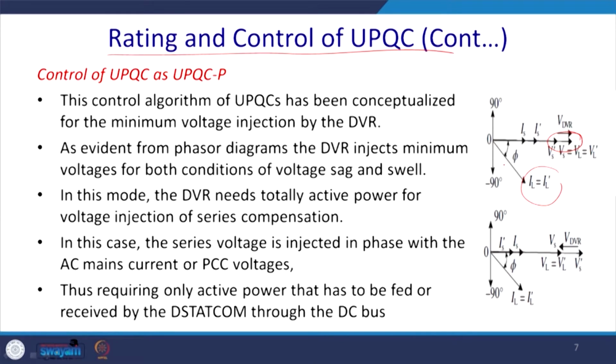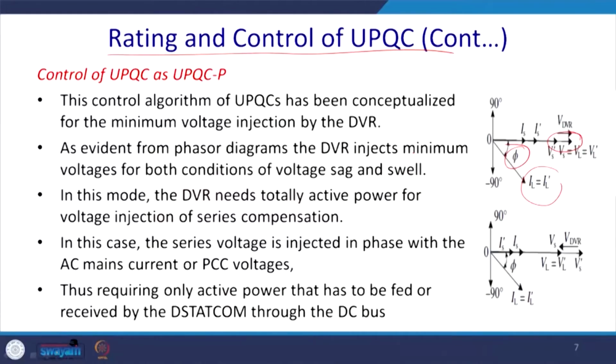It was phi because previously we had 2 angles, because after compensation the angle between the uncompensated voltage and the compensated voltage appears in case of the Q, but that angle is not possible here because you are injecting a voltage in phase with the current.